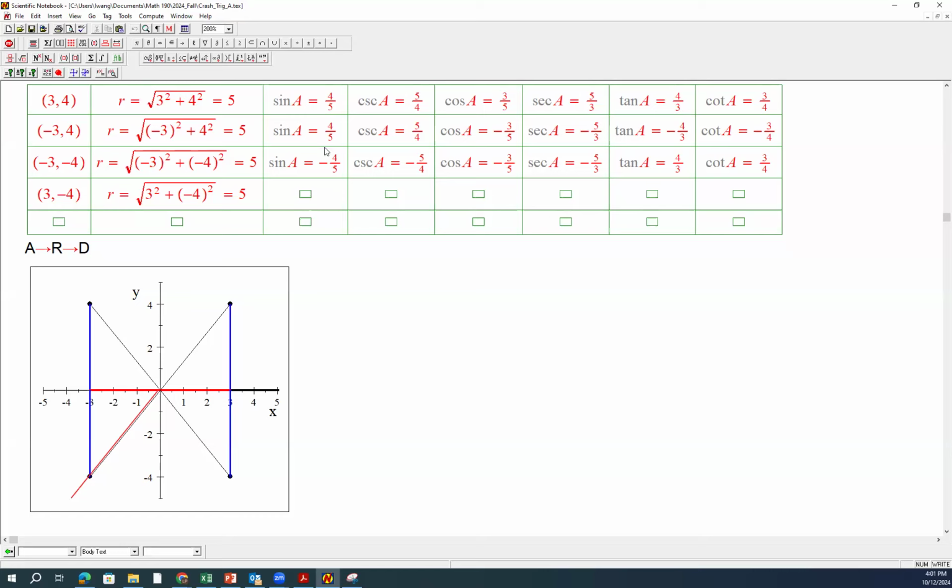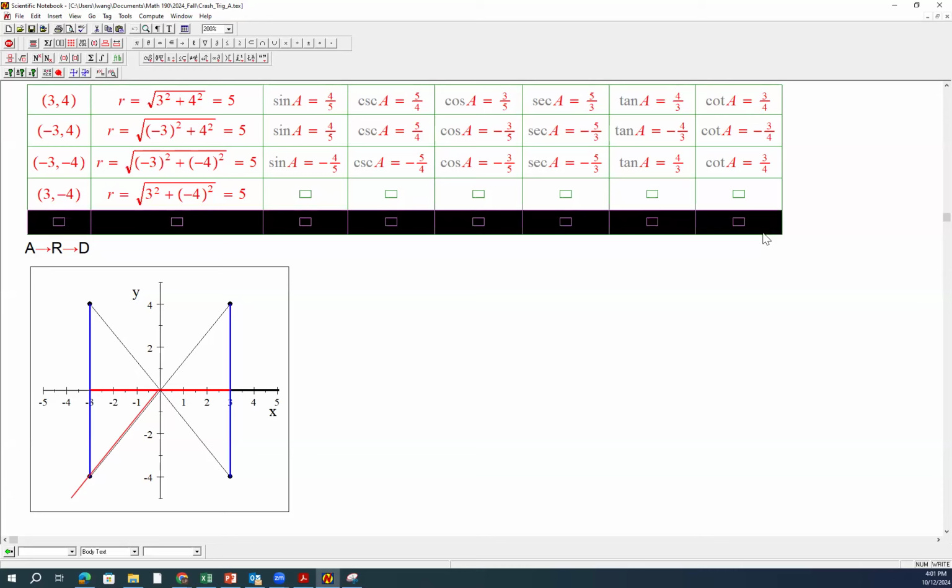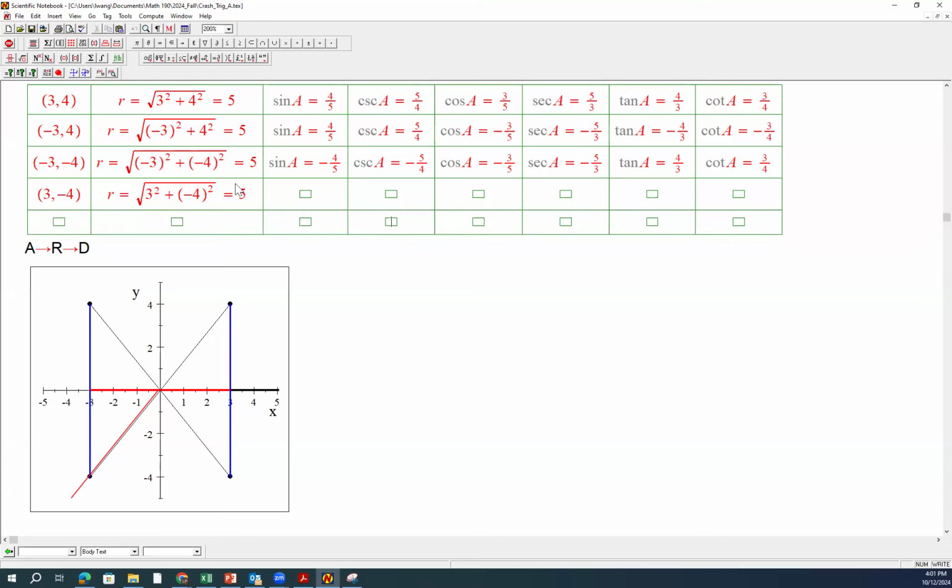So next, the last point in our selection. Once again, the terminal is over here. Now the terminal is going to be in the fourth quadrant. This piece, that's the terminal.